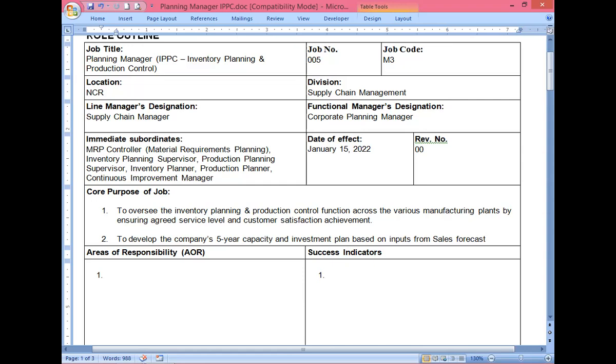But you know, the adjustment should be done maybe in the next couple of months, 3 months, before the actual implementation of the project, or rather the 5-year plan.